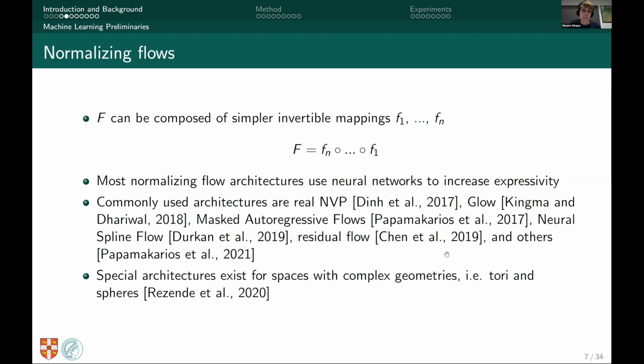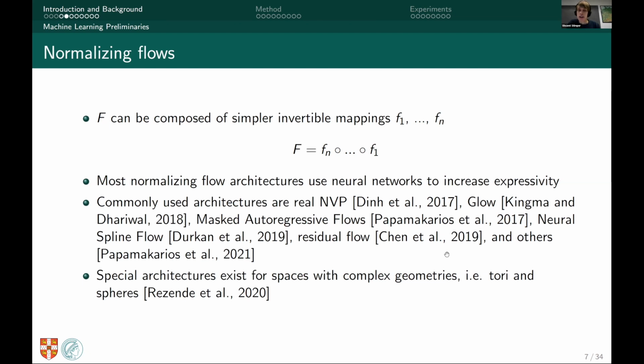All right, so this bijective mapping f can of course be composed of several invertible and differentiable mappings. If we compose them, the composed map is also invertible and differentiable. So we can build normalizing flows out of layers, similar to neural networks.